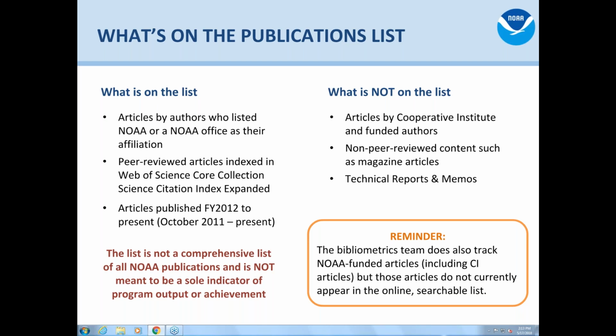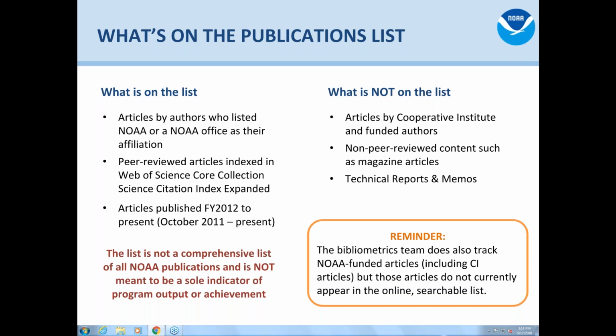Or it could be of the social science and humanities variety. We are expanding our subscription soon-ish, and we will do a retroactive search to catch things from 2012 to present that we would have missed in that expanded index. There's also a possibility that an article hasn't been indexed yet.